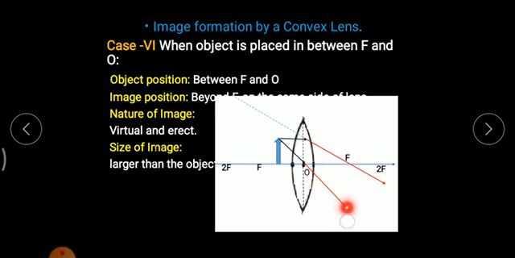It is going undeviated. Now, as you can see, both these refracted rays are of diverging nature. Both are going in this direction, and there is no chance of both the rays meeting or intersecting at a single point. So these rays will never intersect at this particular point.